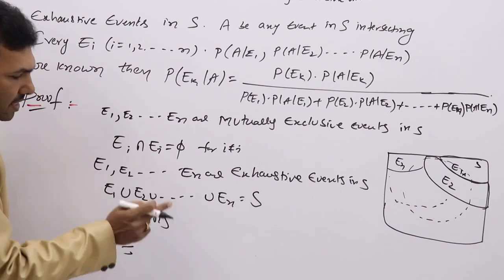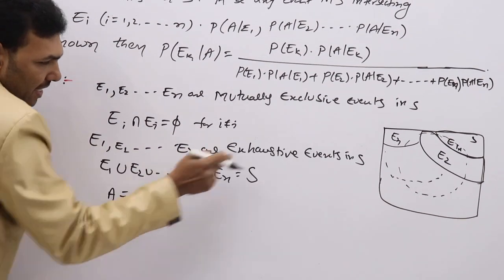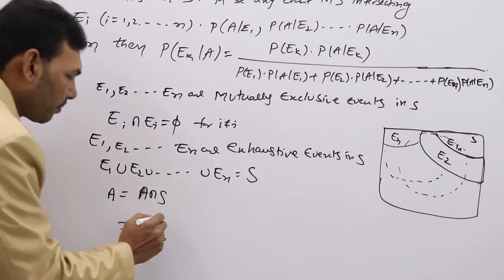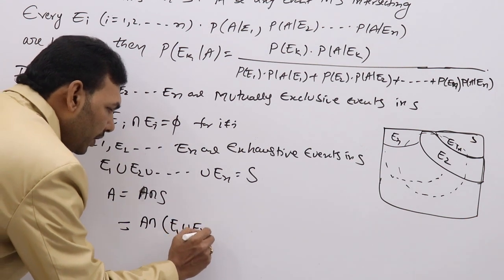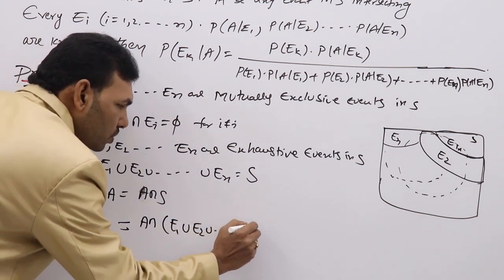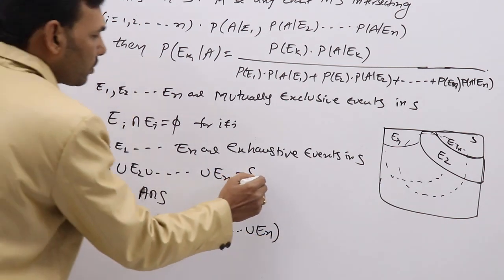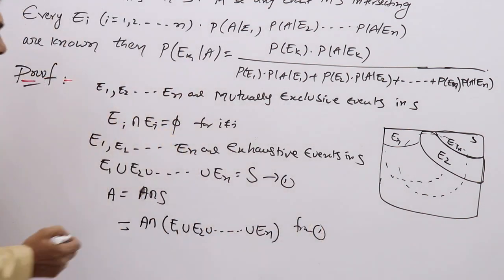Now what is S? From the above adjacent events, in place of S, we can write E1 union E2 union so on union En. So from above, if you assume this as equation 1, from 1, S can be written like this.